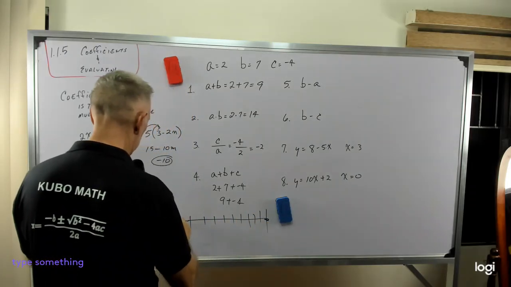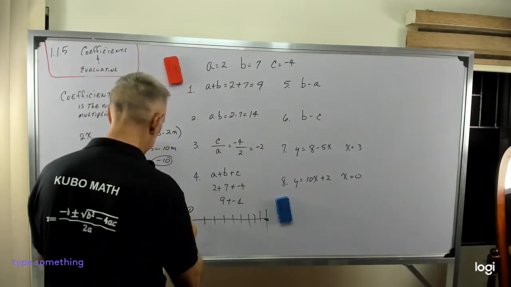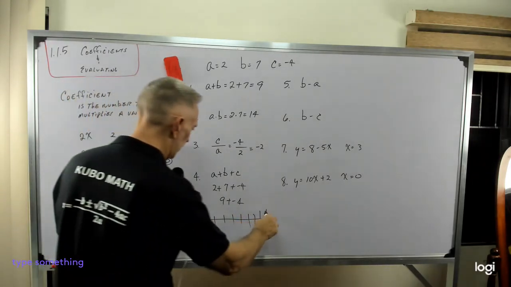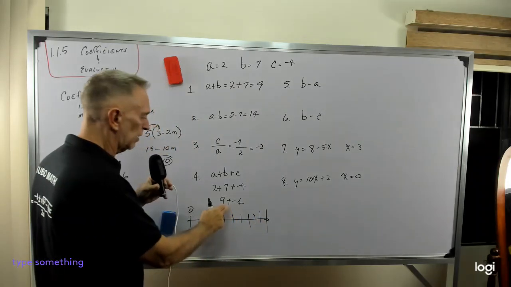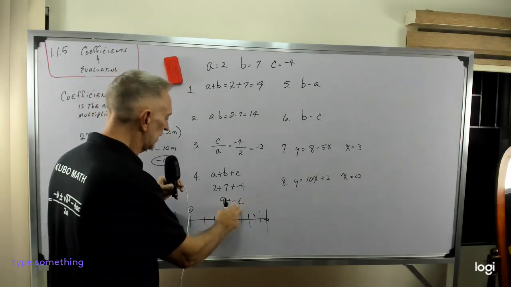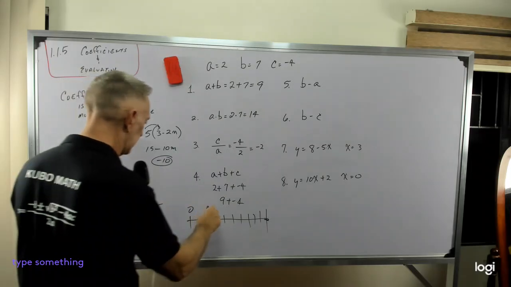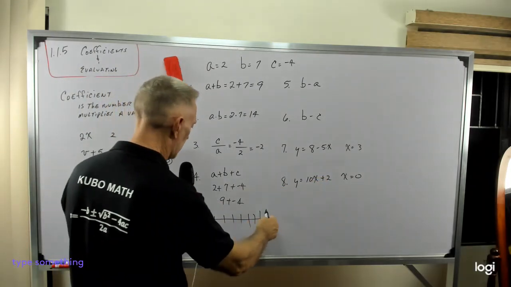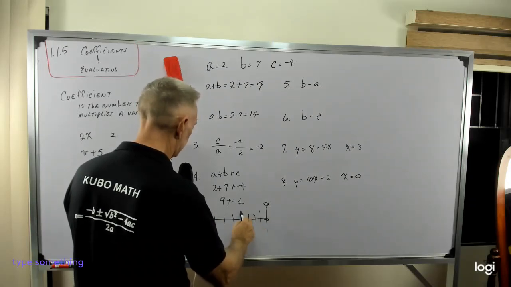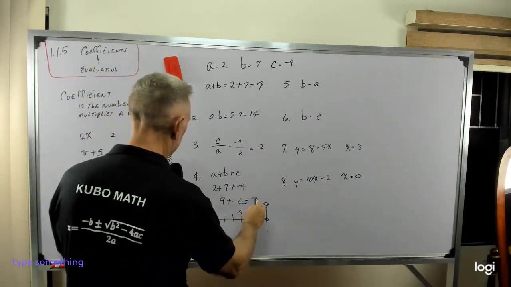Recall we said in our rules that we would always change that to a plus and then let the sign of this number tell us which way to go. So over here is negative, this way is positive. So I'm at 9. I have to go over 4 units, 8, 7, 6, 5. So here we are. 9 plus a negative 4 equals 5.